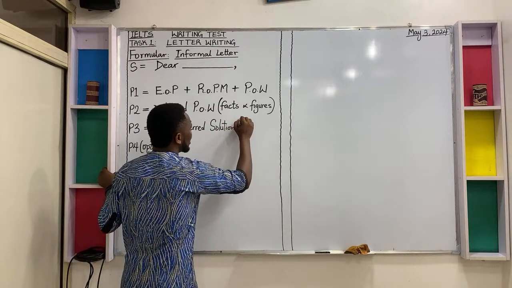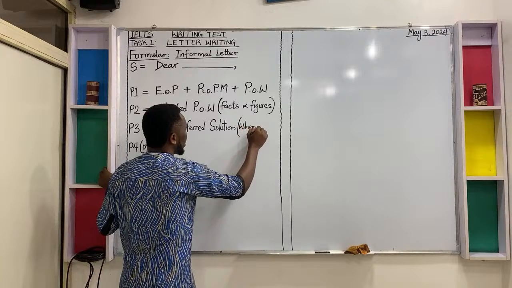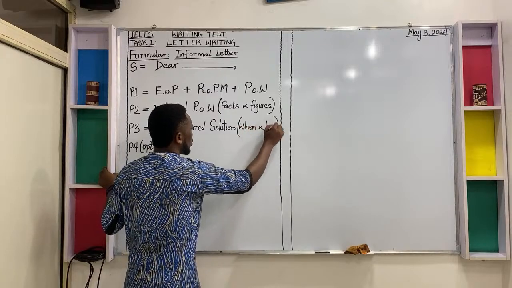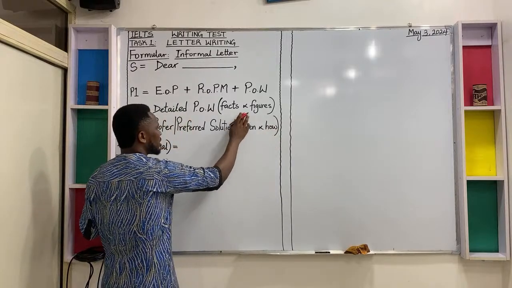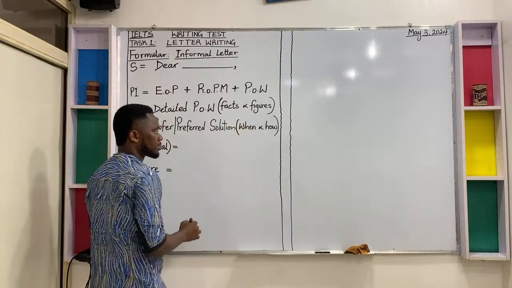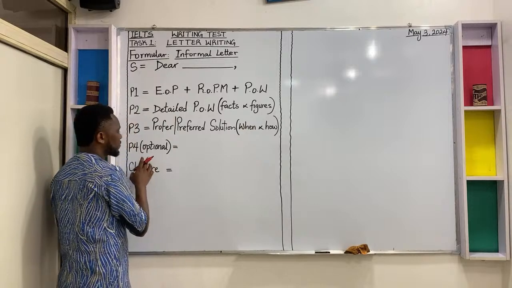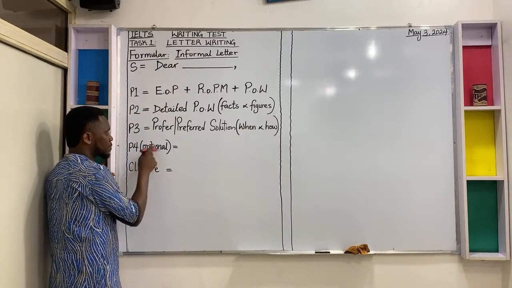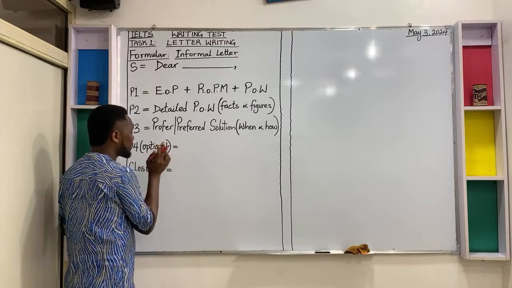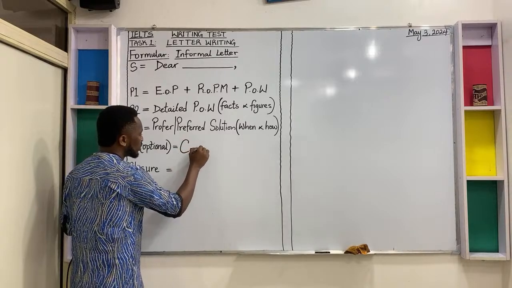And for this, you are expected to, in a way, show when and how you want the issue to be resolved. Right? Then your fourth paragraph, which is actually optional. What you need to do in your fourth paragraph, if necessary, is to talk about your conclusion.